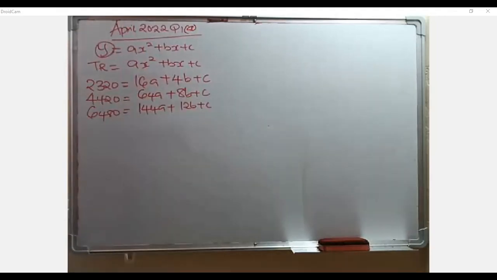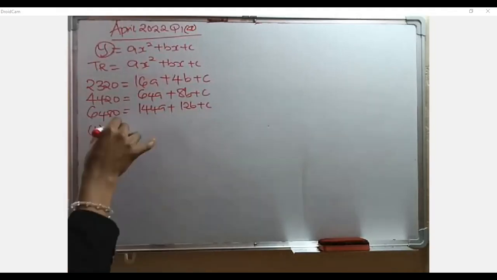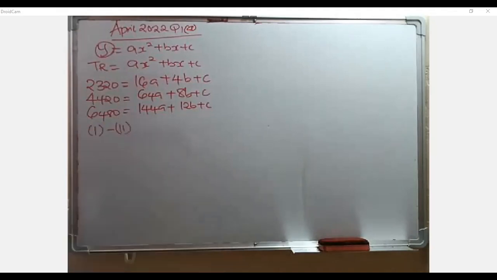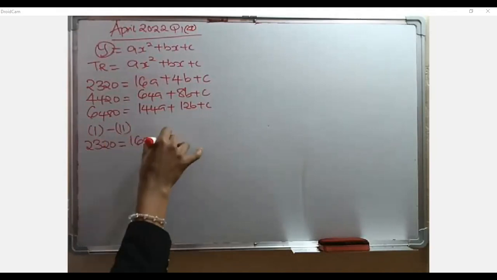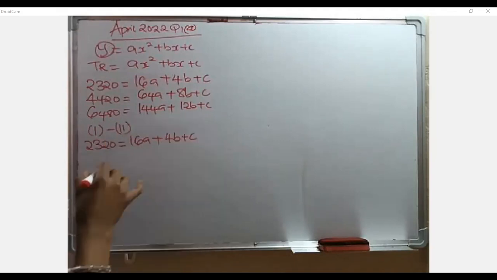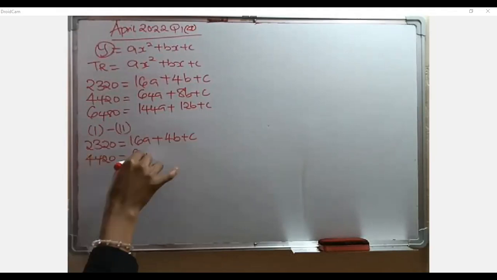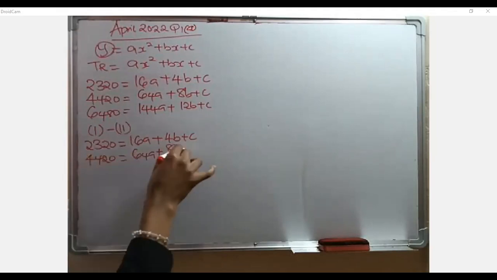When we are discussing elimination, take the first equation minus the second equation. We eliminate these unknowns. So we start with 2320 equals 16a plus 4b plus c, then 4420 equals 64a plus 8b plus c.